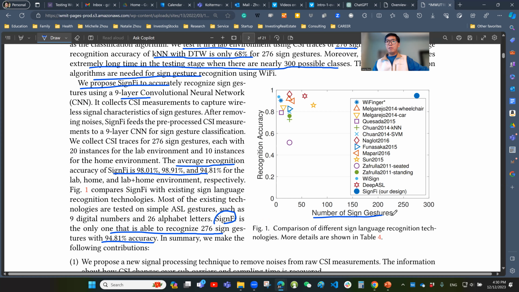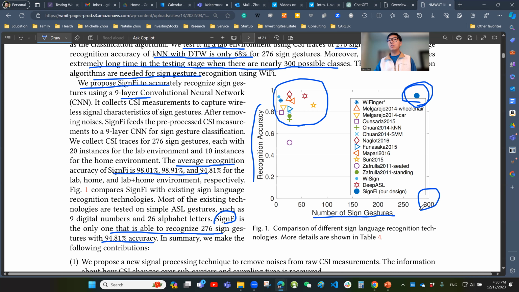For example, this is the number of sign gestures. This is recognition accuracy. All these are existing work. And here, the blue dot is our solution. It's so clear that our solution works as well as the existing solutions, but with clearly 300 sign gestures.